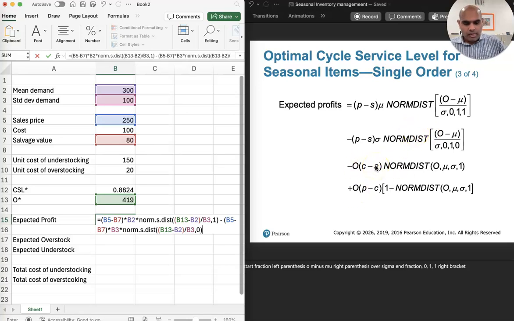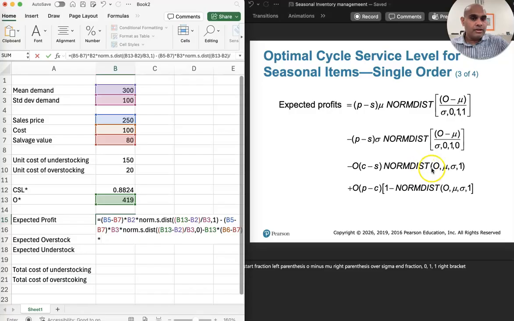Now let's do the third part. Minus the optimal order quantity times C minus S, times normal distribution.